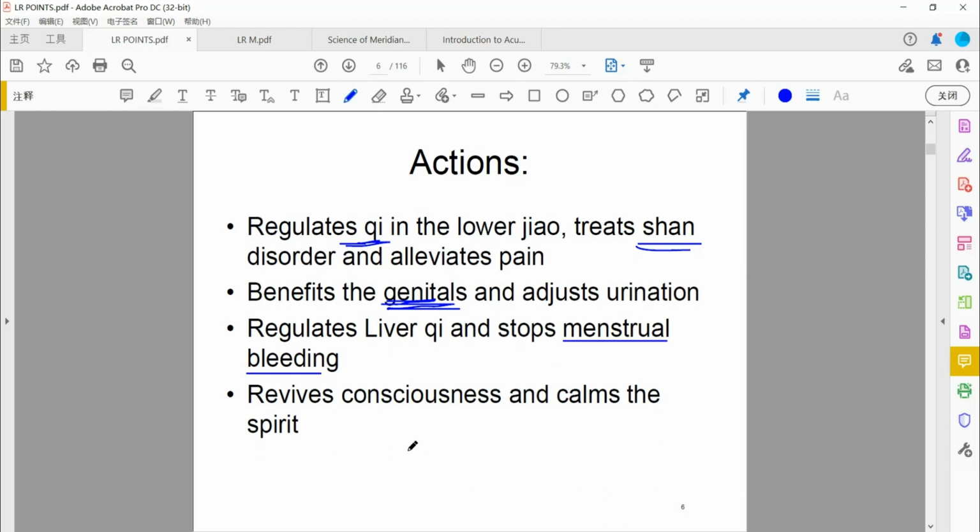The liver is important for women, the kidney is important for men. Why? Because the liver stores blood, and women have menstruation.